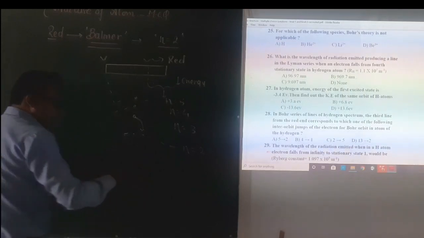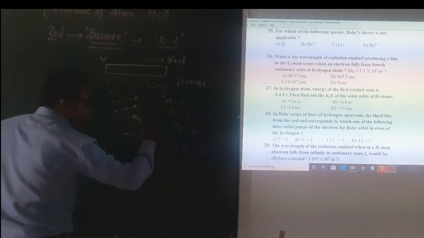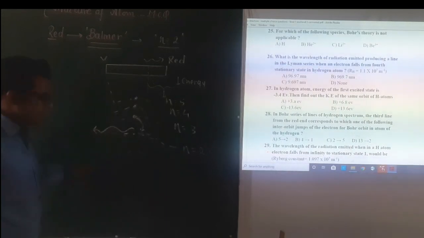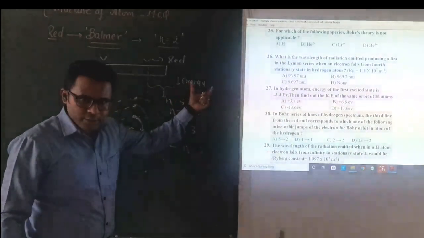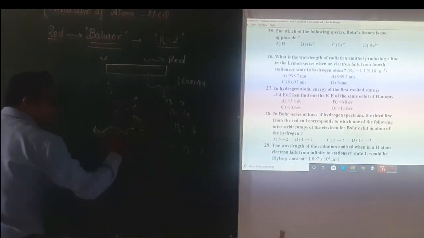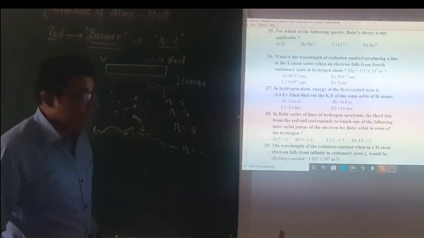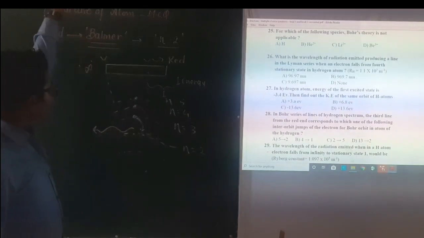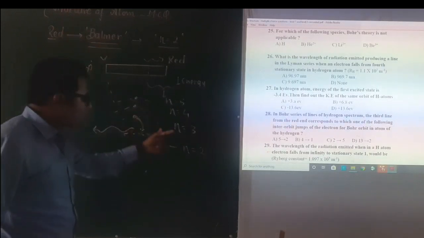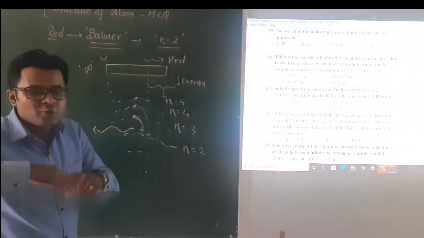When an electron jumps from 3 to 2, 4 to 2, 5 to 2, whatever radiations we are getting, these radiations have the smaller amount of energy, or you can say a greater wavelength. As we go far away, almost to infinity, when the electron jumps from a very far orbit to n is equal to 2, the radiation that comes out is going to have a huge amount of energy but lesser wavelength.